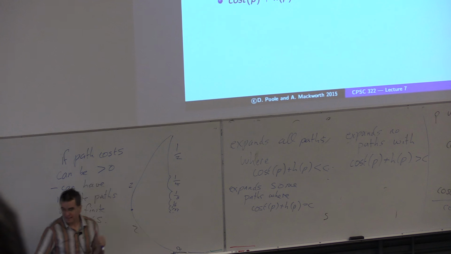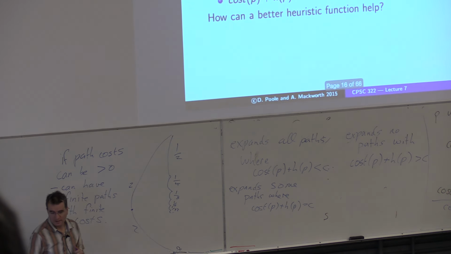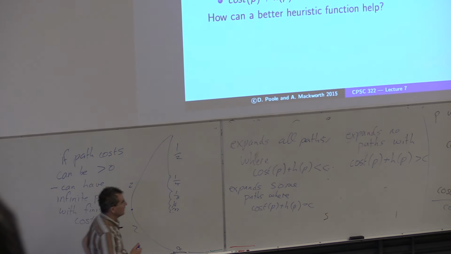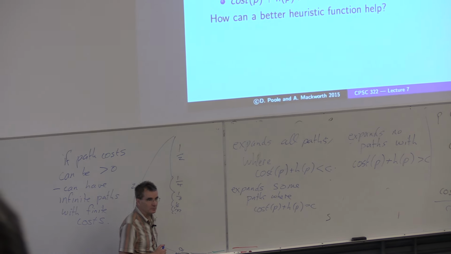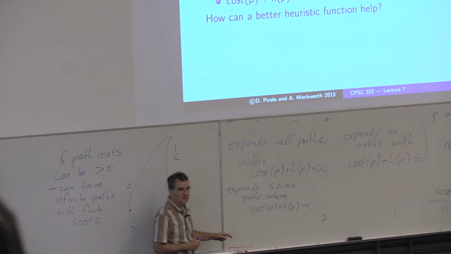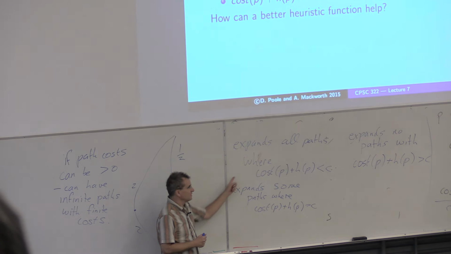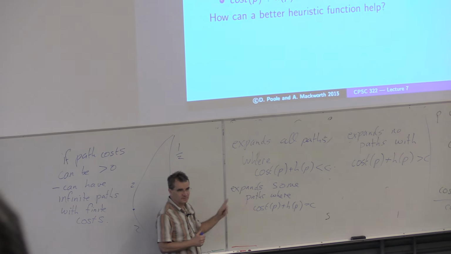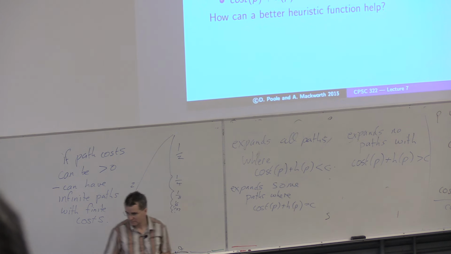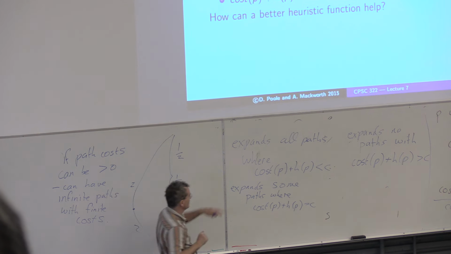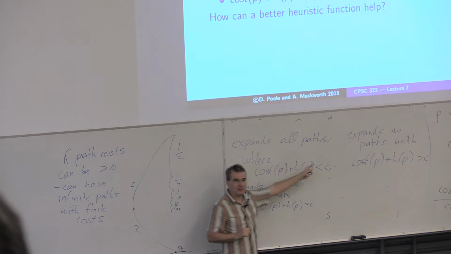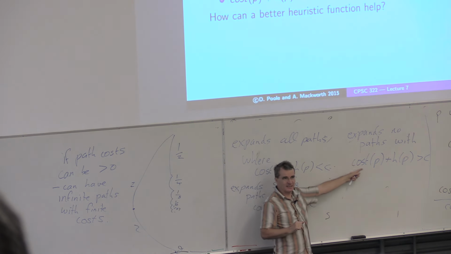So now this will tell us why a heuristic function helps. How can a better heuristic function help? What's it going to do to these classes of things? With a better heuristic function, we're going to have more of the third case than the first case. That's what we'd like.